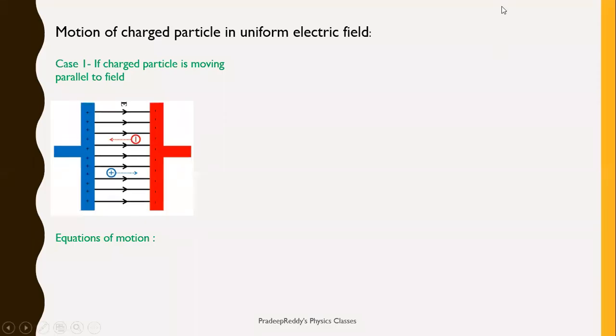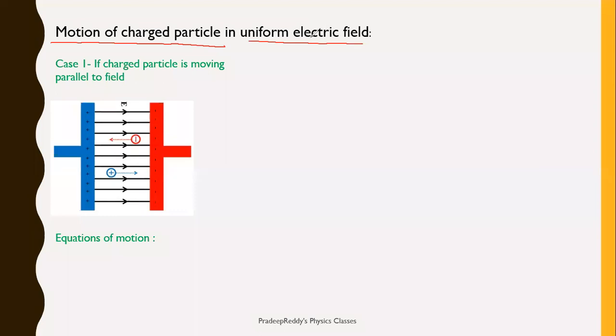Students, in previous slides, we have discussed the effects of electric field. We have learnt about null point, and we have discussed the directions of electric field, uniform and non-uniform electric fields. In this particular article, we are going to learn about motion of a charged particle in a uniform electric field.